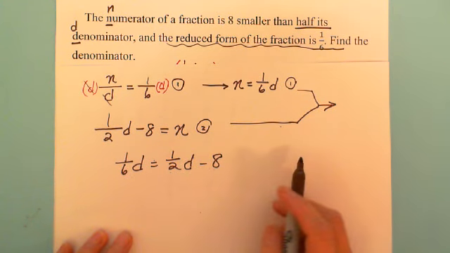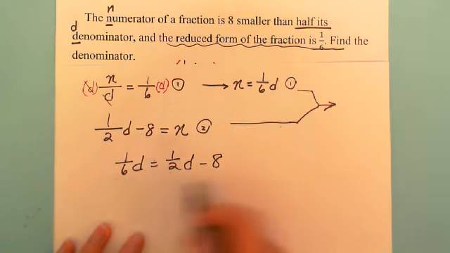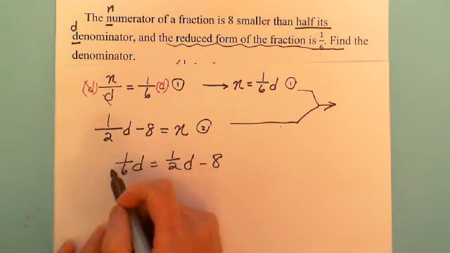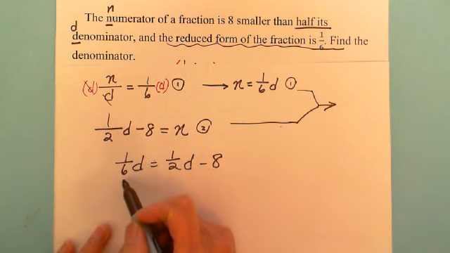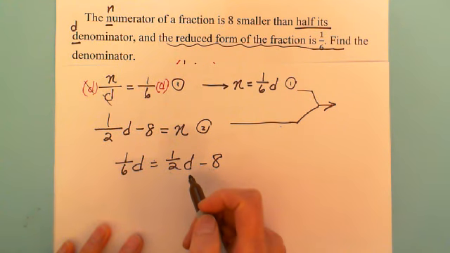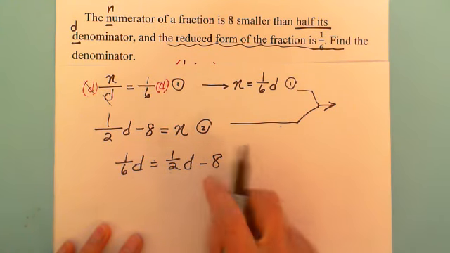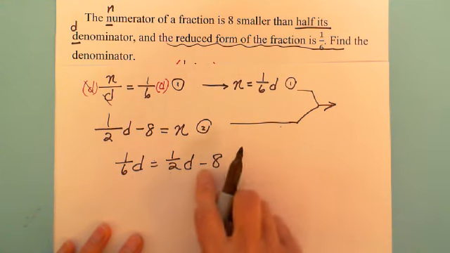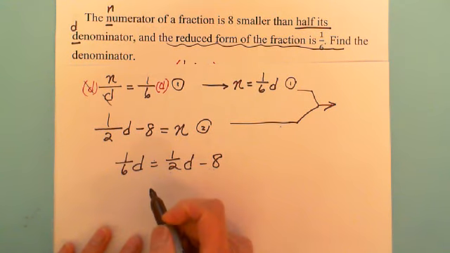Then you just solve it. Solve this equation, you can move 1/2 d to the left side or move 1/6 d to the right side. Because the -8 is already on the right side, we don't need to move it. We just move 1/2 d to the left side.